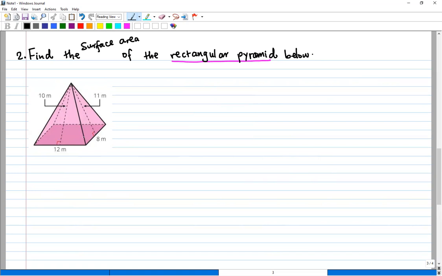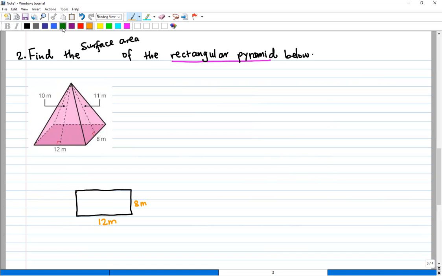Since it is a rectangular pyramid, it means that the base is a rectangle. So we have to draw a rectangle. For this rectangle, its length is 12 meters and its width is 8 meters.